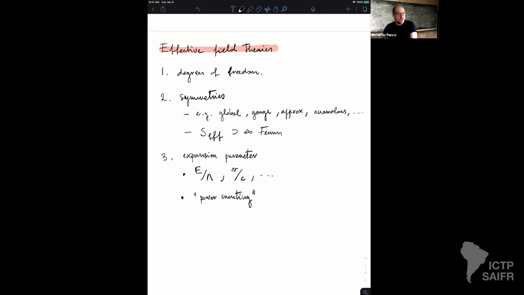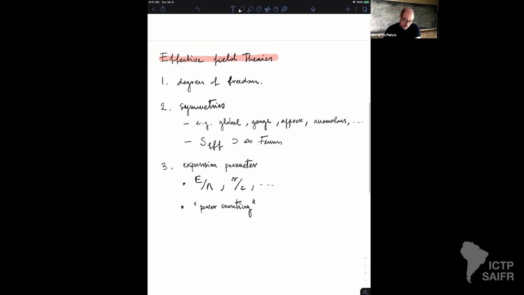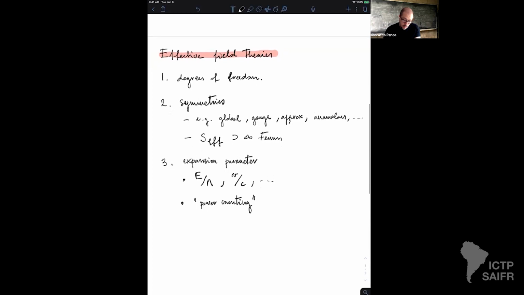And the last one I will mention is that, since one of the main ingredients of EFTs are these expansion parameters, by keeping only certain terms in the action and dropping the ones that scale with high powers of the expansion parameters, you can already have an estimate of the accuracy of your calculation.